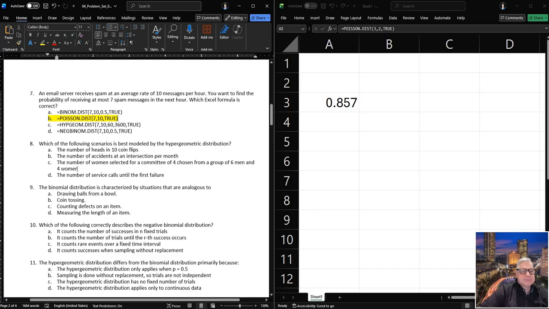Yeah, that would be done by the hypergeometric distribution because it is drawing without replacement. The binomial distribution is characterized by situations that are analogous to drawing balls from a bowl. No, coin tossing, that would be it.